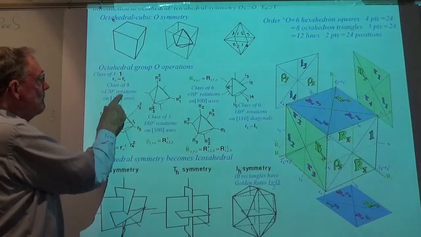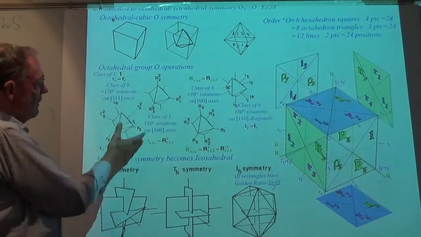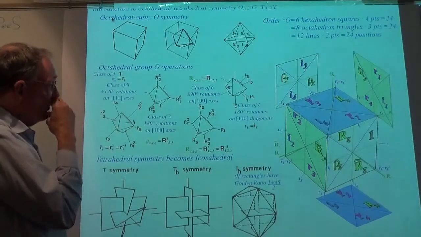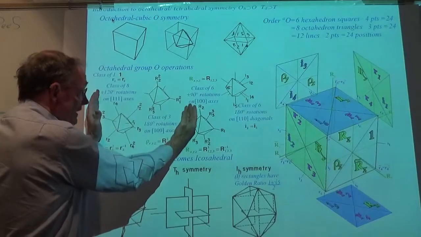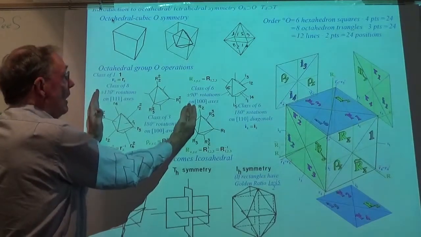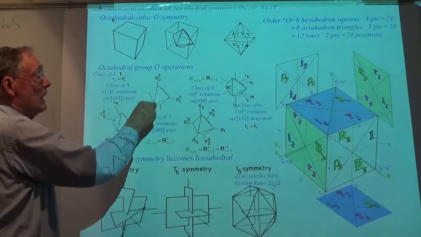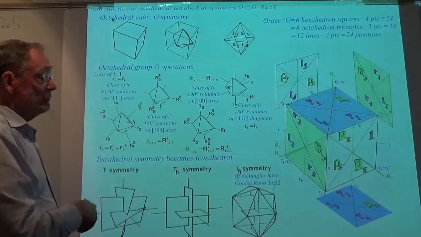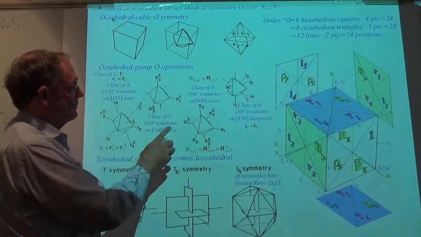But the other class, the largest class, is 8 elements that are 120-degree rotations, followed by, in a group we call the T group, tetrahedral group, 3 180-degree rotations around the X, Y, and Z axes of the SF6 molecule, if you want to think of it in terms of an actual chemical.